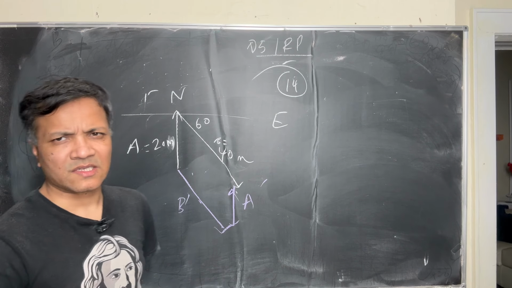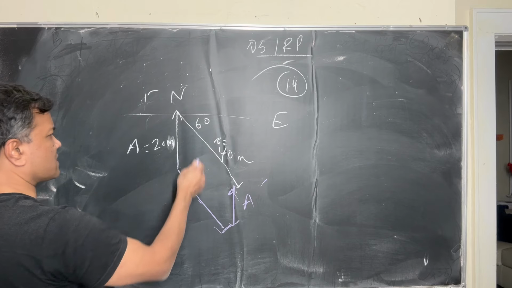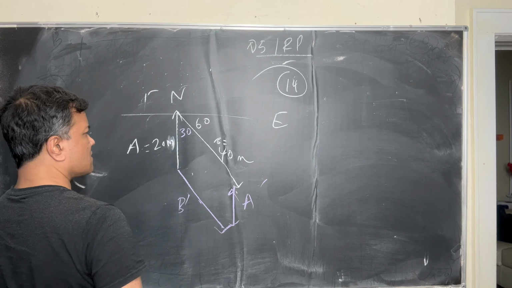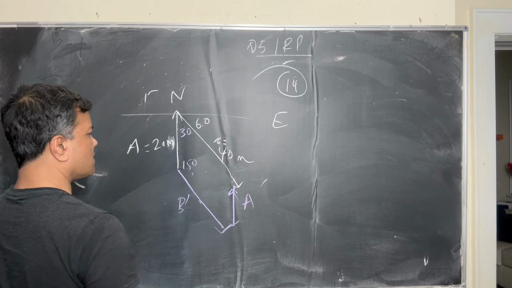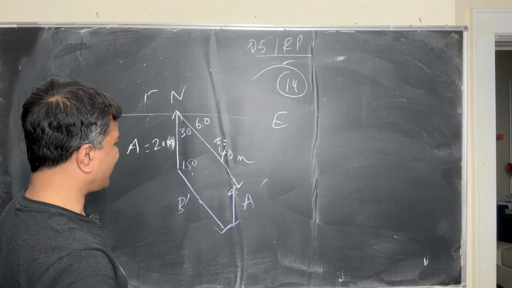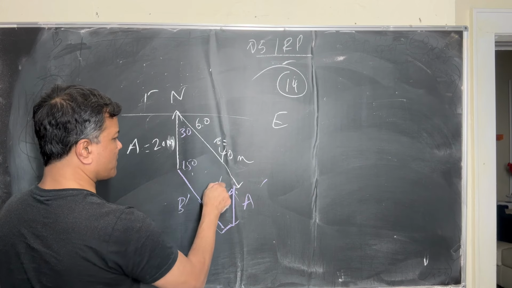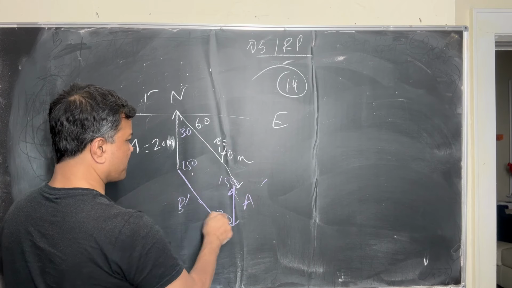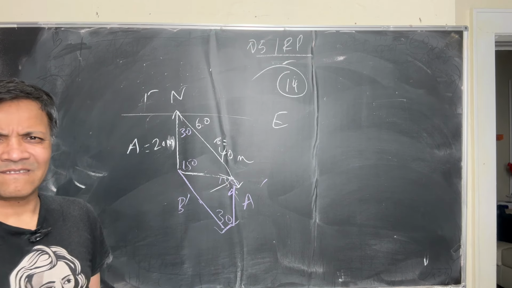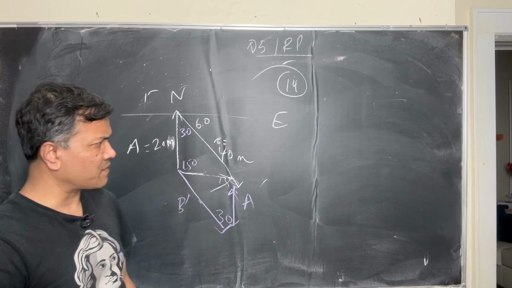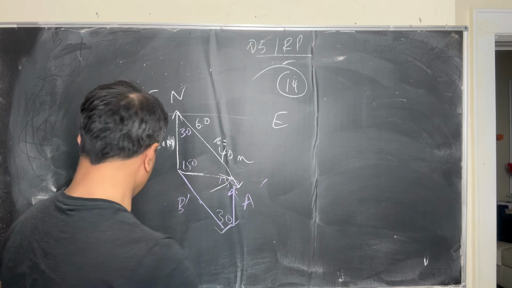So this is the resultant vector. Now if this is 60, don't forget this is 30, because 30 and 60 make 90. Then this must be 150, because 150 and 30 is 180. And this must be 150 and this must be 30. And this must be the resultant. There you go. That is problem 14.